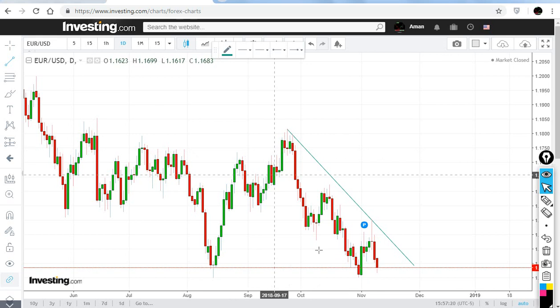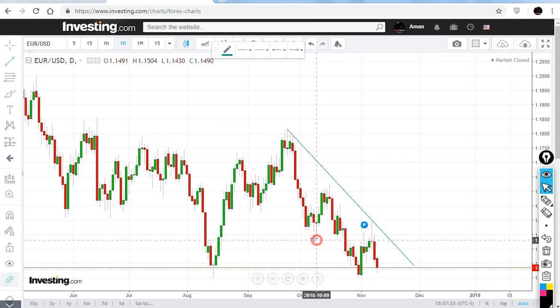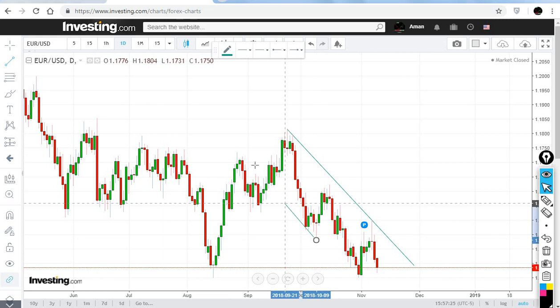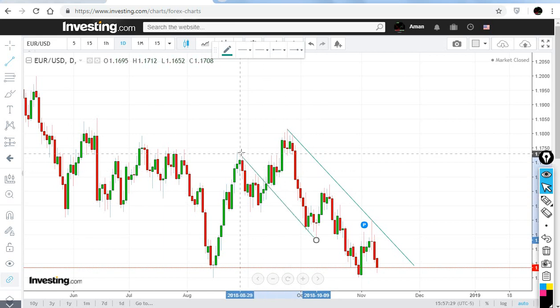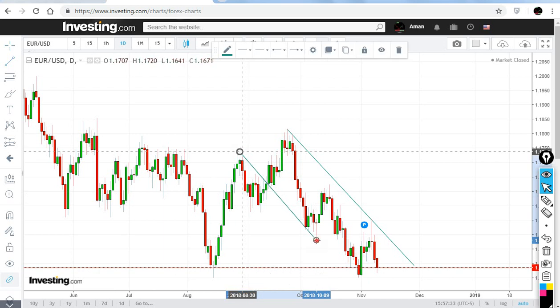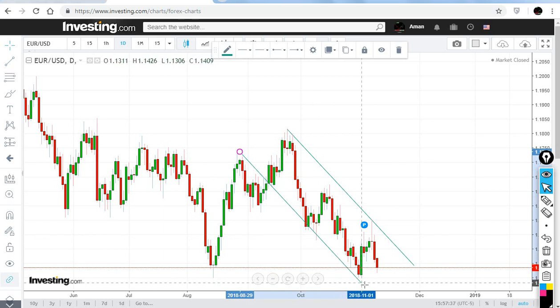It's another way: if I use this peak and draw the channel first above, like this, and then trace it down this way.